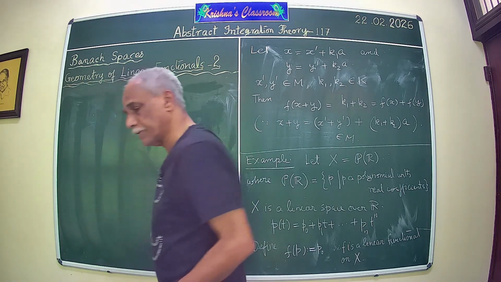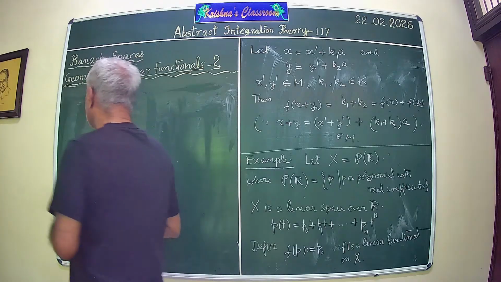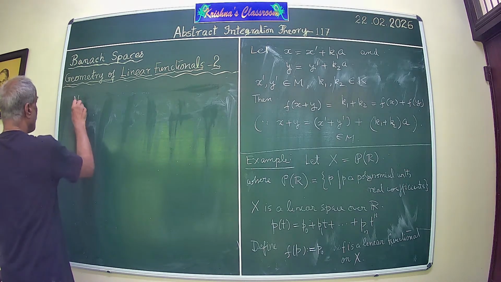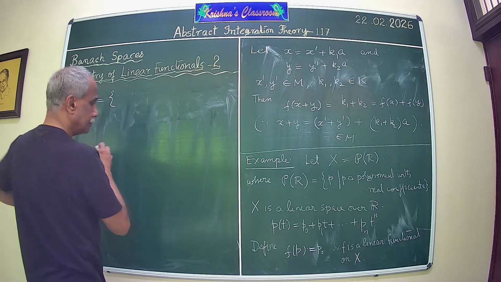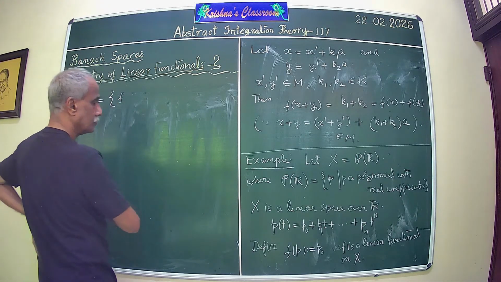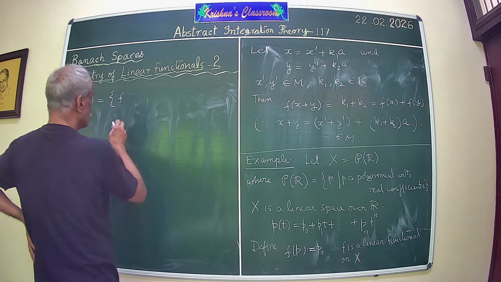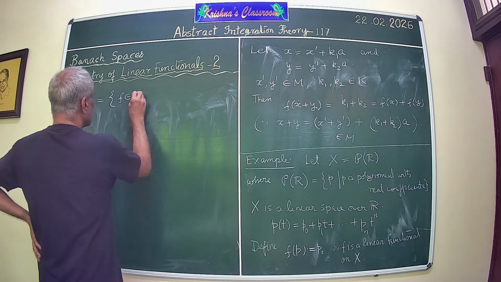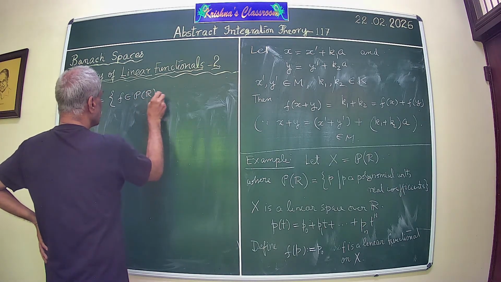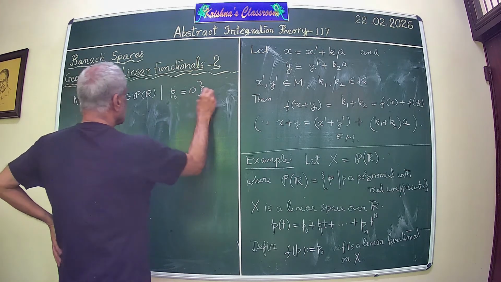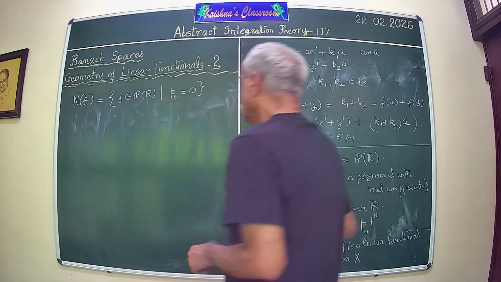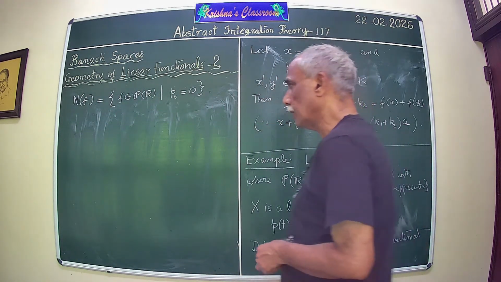What is the null space? The null space of f equal to 0. Okay.